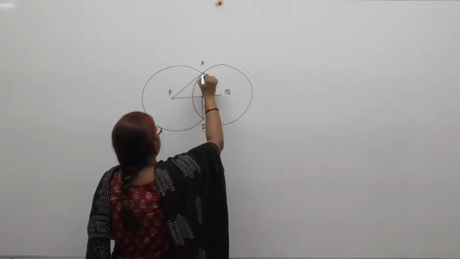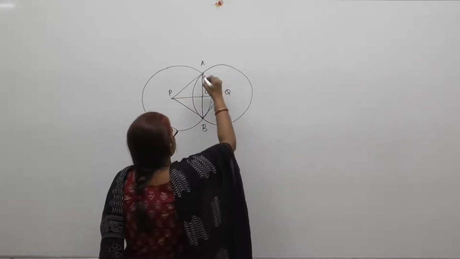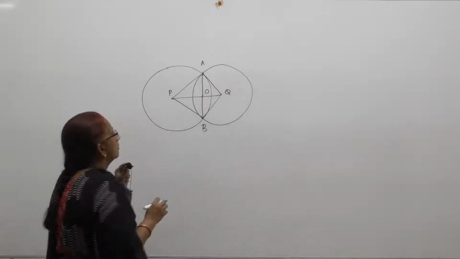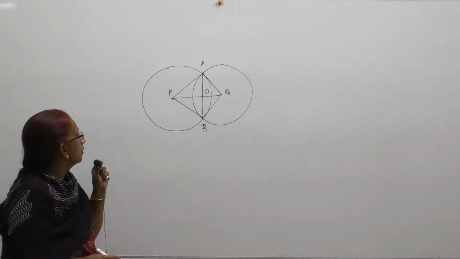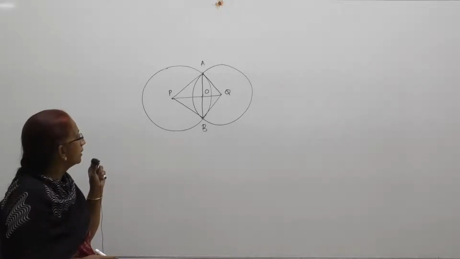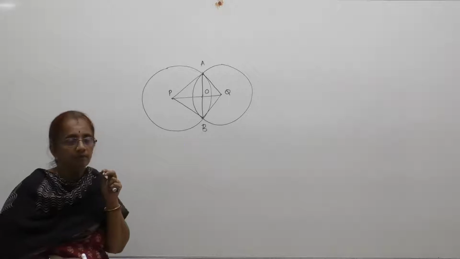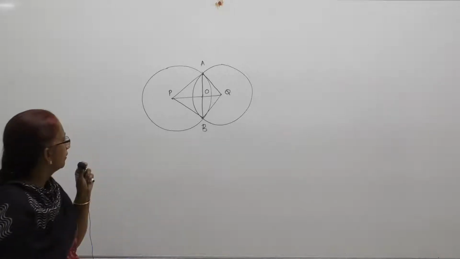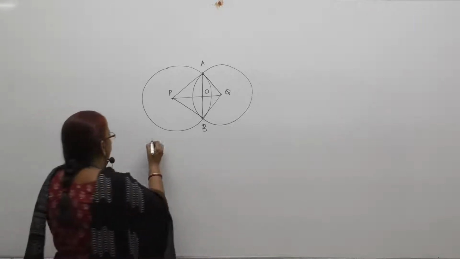You're going to join AP, join all of these. Now, can you prove that triangle APQ and triangle BPQ are congruent?